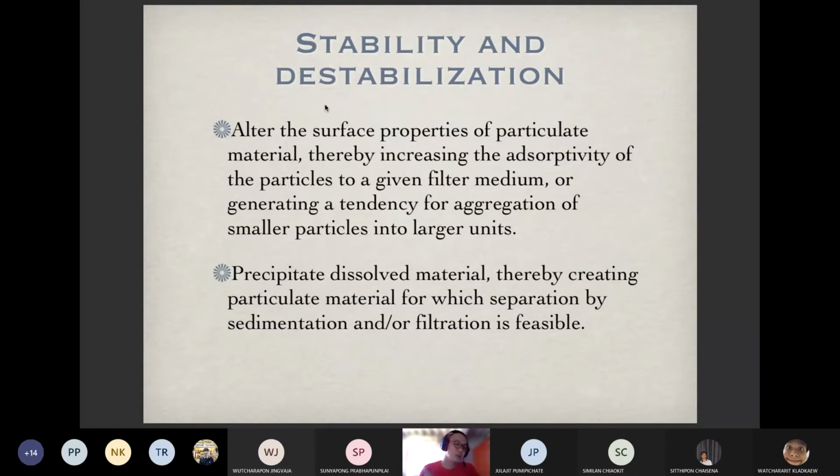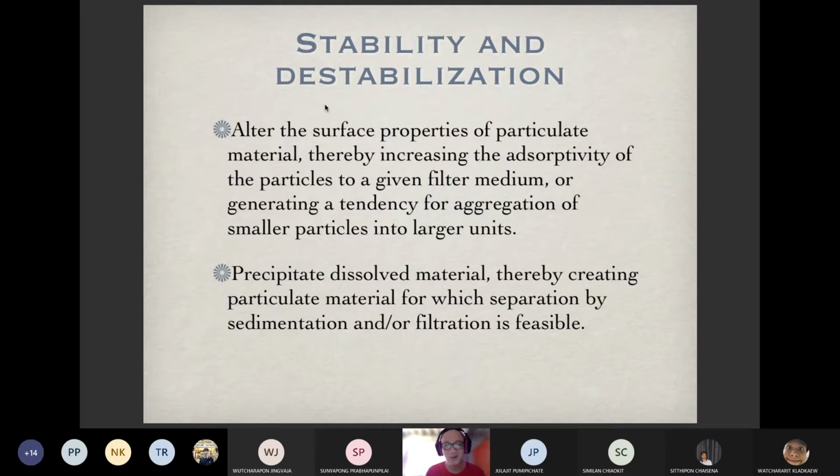So we cannot, if we want to modify, if we want to bring them to the bottoms, we have to add the coagulants. The process where we add the coagulants, normally we call the coagulation process. The coagulation process is the process we use to destroy the stabilities of the colloidal particles.